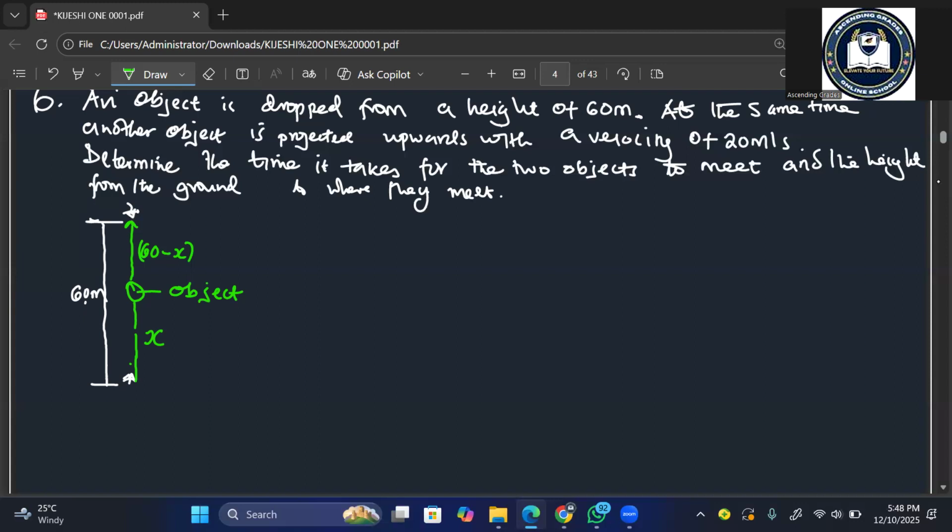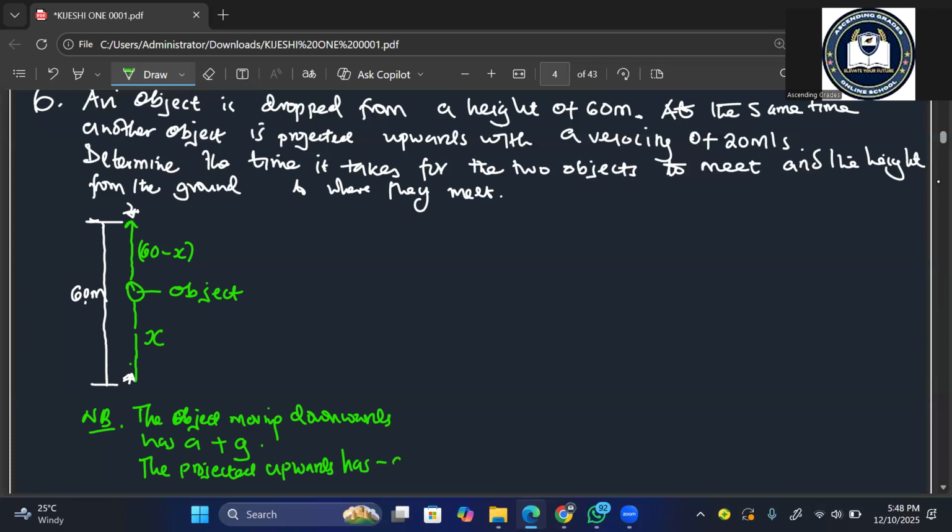So we have some things here that we need to note. The body moving downwards has a positive g, while the object projected upwards has a negative g.